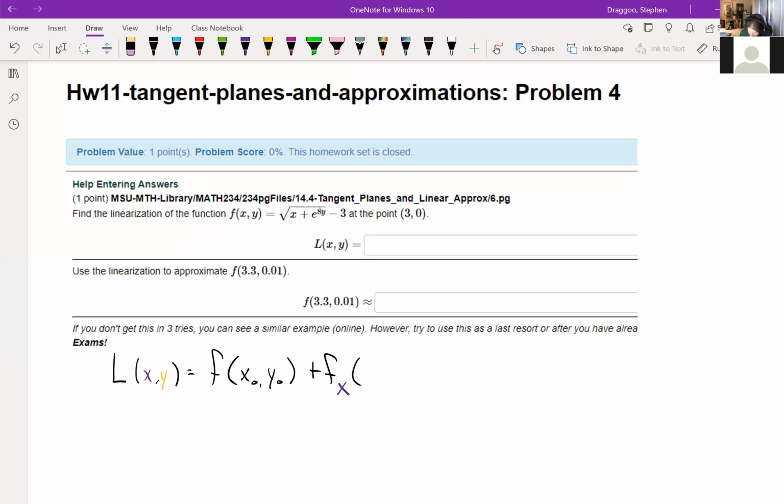Or you know what? Let's not fill all that in. Let's just call it f partial x times x minus x naught. We'll simplify this expression a little bit. Plus f partial y times y minus y naught.